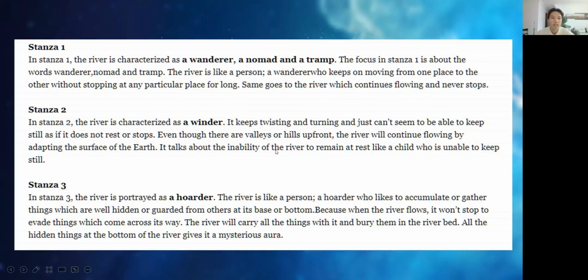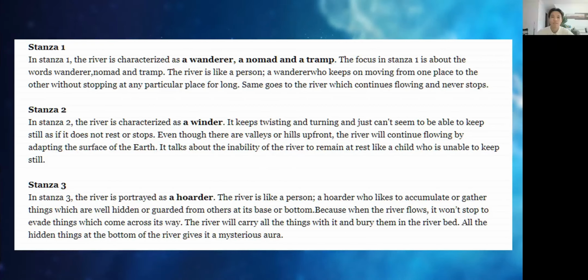A man sitting on a chair with a lot of stuff gathered by him in his own room. And after gathering those things, they are well hidden or guarded from others, or at its base or bottom.